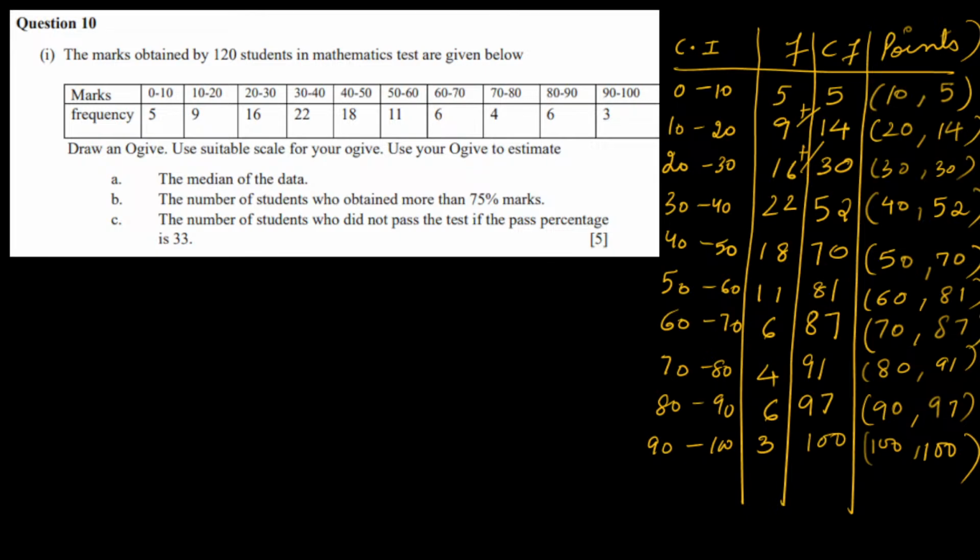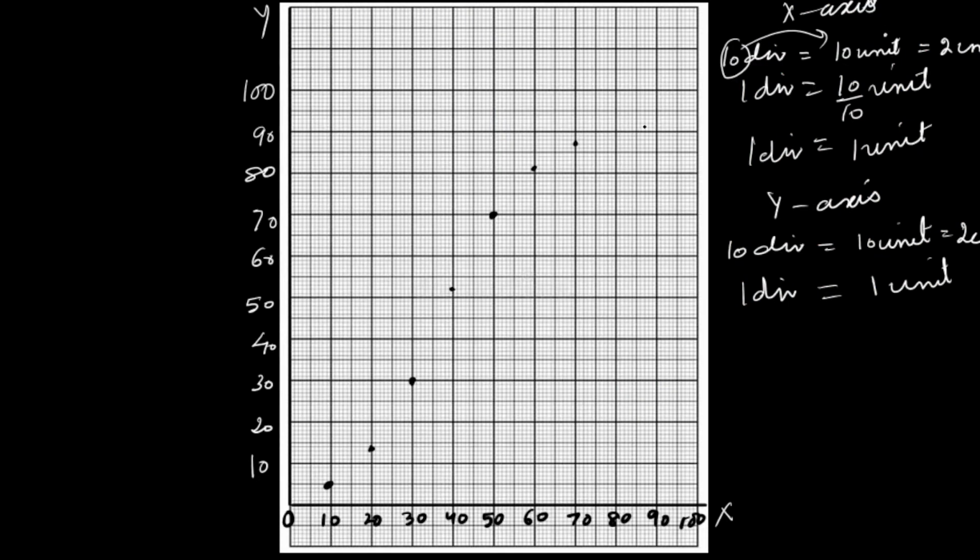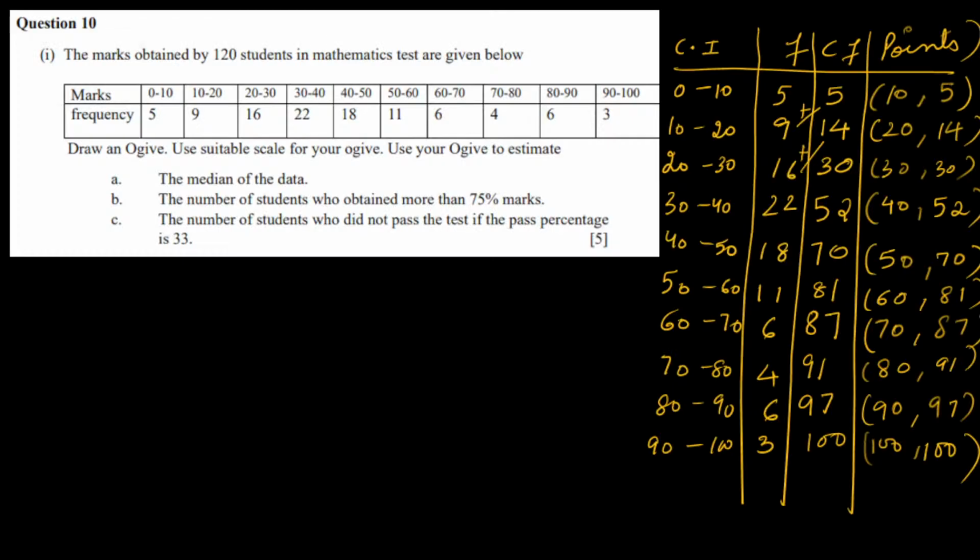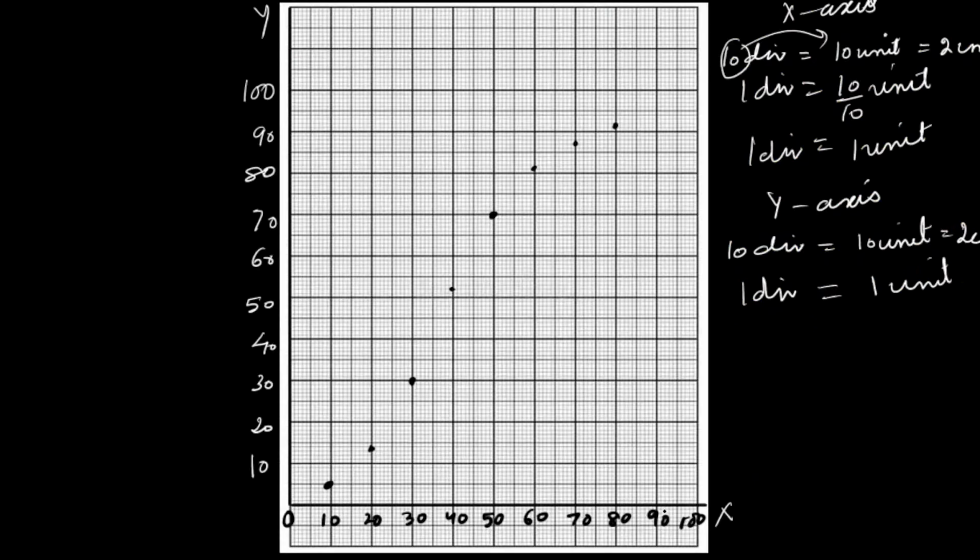Then 80, 91. Just 1 unit above 90, 91. 90, 97 and 100, 100. 97 is 3 units below 100, and 100, 100 here.